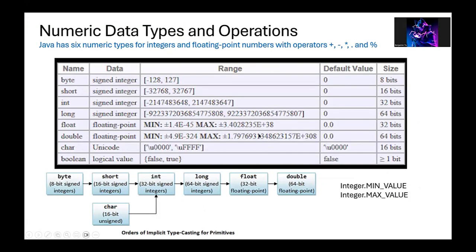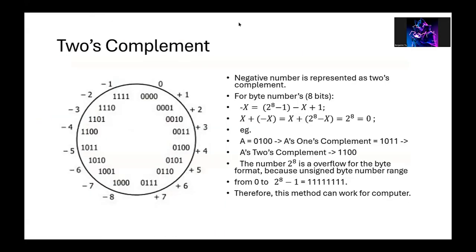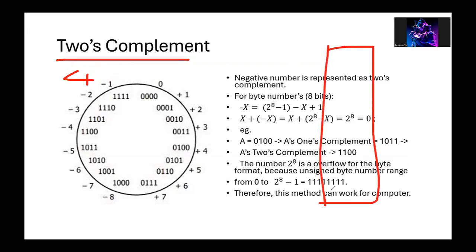But now for the integer type, we are using two's complement. So what is two's complement? Let's assume this is a 4-bit system. The smallest number is 0, 0, 0, 0. The largest number is 1, 1, 1, 1, since you have 4 bits.